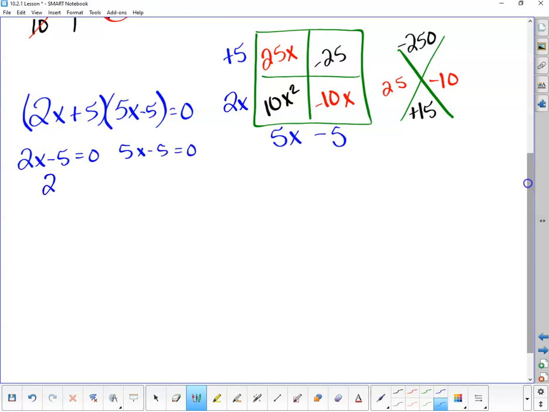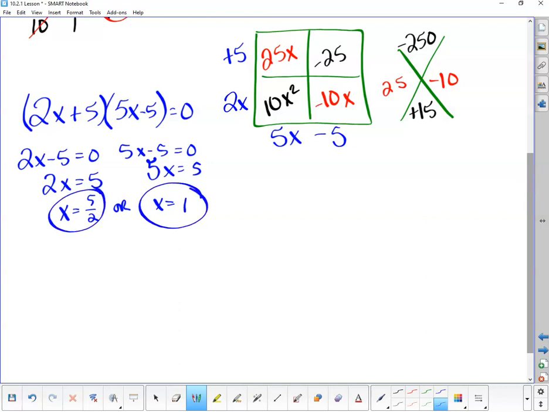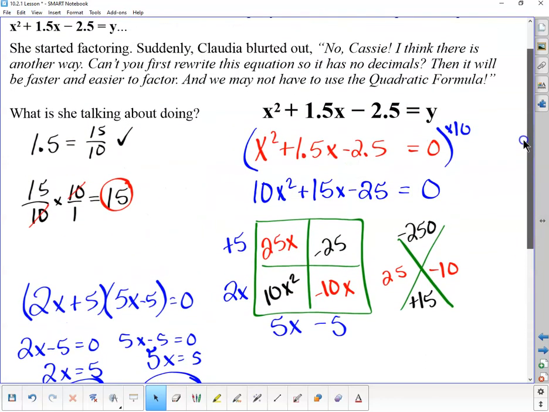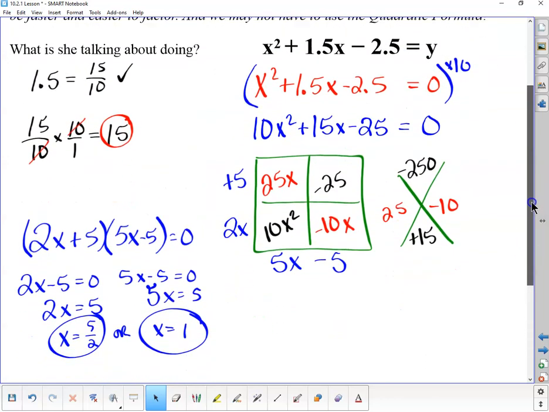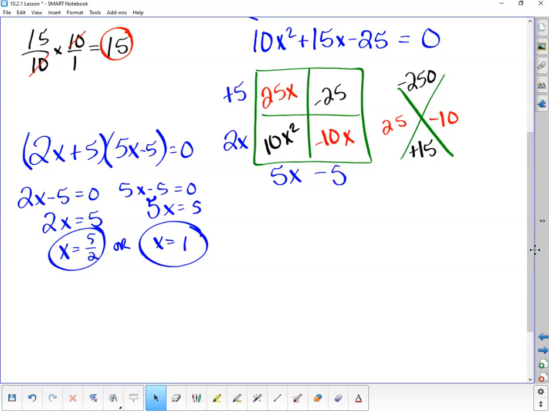And we solve these for x, swing the 5 over, and x can equal 5 over 2, or swing the 5 over, x can equal 1. And if you put those values in for x, you end up with the factors for this, and it would make it equal to 0. So that's just one little tidbit idea.